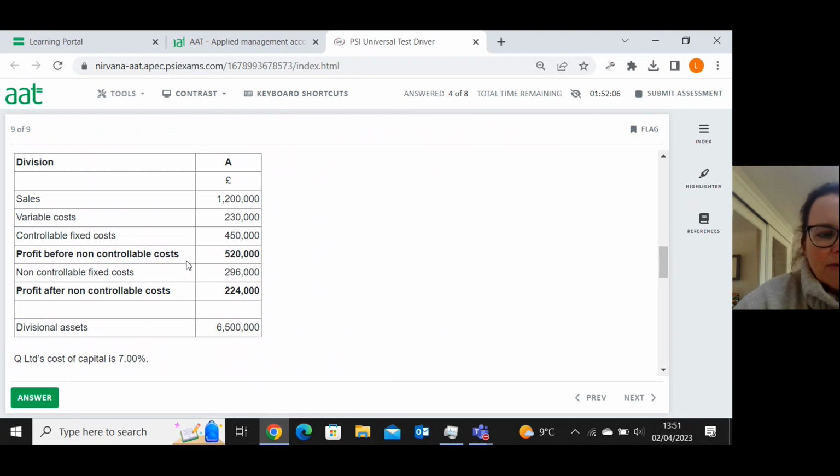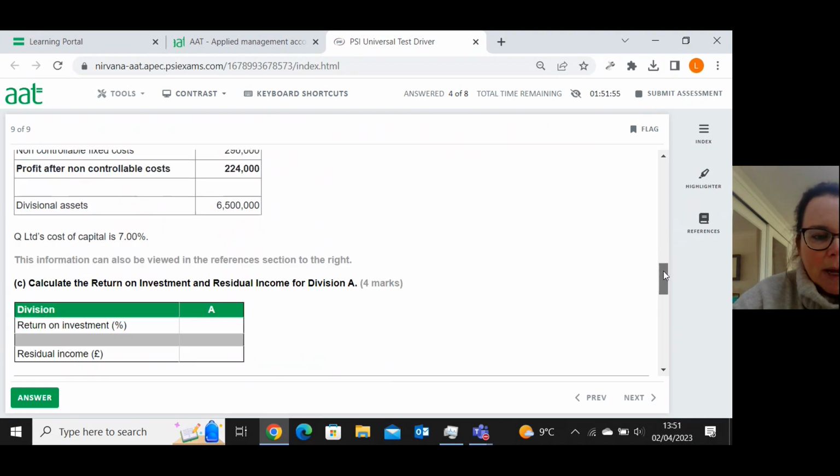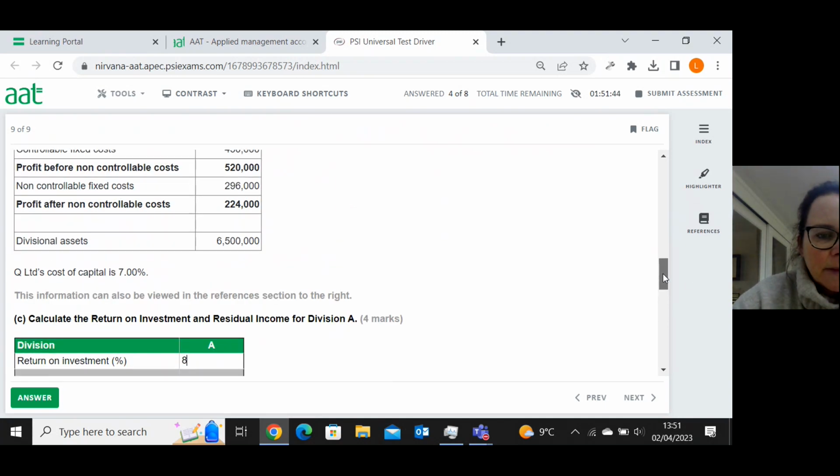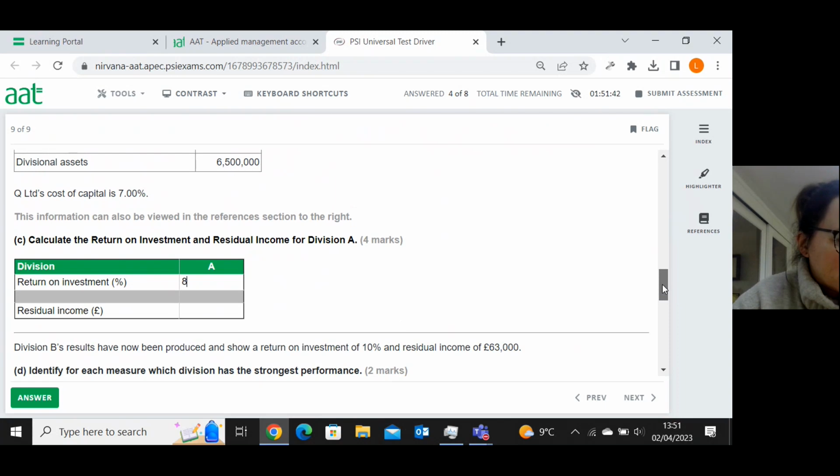So we go to the profit before the non-controllable cost, 520, divide that by the 6.5 million, and multiply by 100 to turn it into a percentage. That would be 8%. Don't tell me about decimal places, so that should be fine.